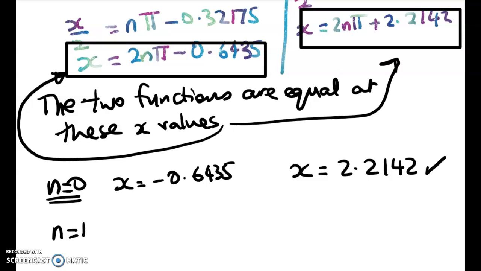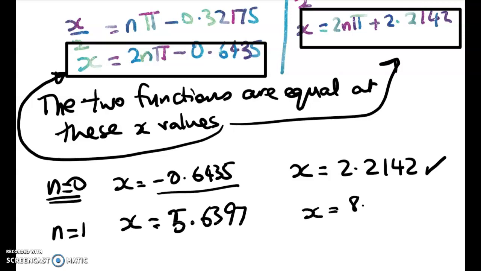Let's put in n equals 1. That gives me x equals, so this is 2 pi minus this, so that's 5.6397. And this one gives me something outside the domain that's on our graph.